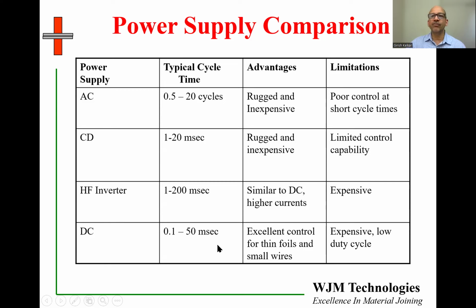But again, the more common range would be, say, 100 to 500 amps for medical devices and slightly more for other applications. It provides excellent controls for welding of thin foils and small wires. Of course, it is expensive. Usually has low duty cycles, but this is probably the most precise of all the power supplies, and hence is very, very common in the medical device field.